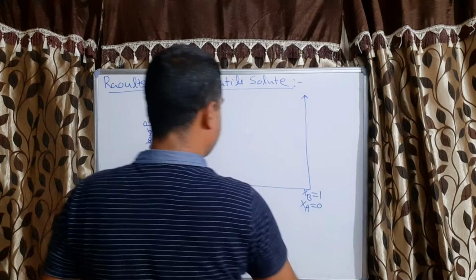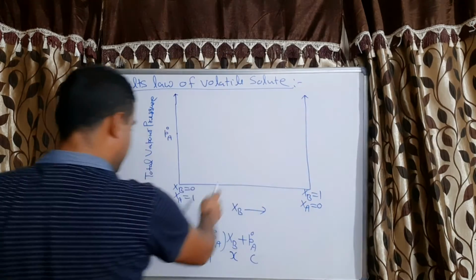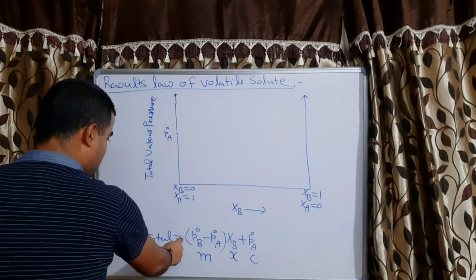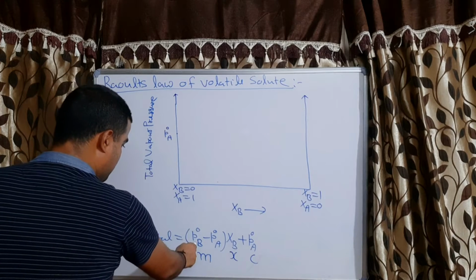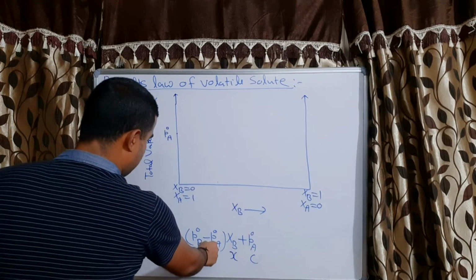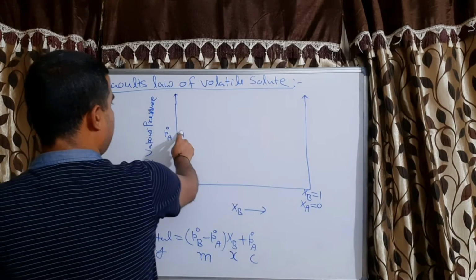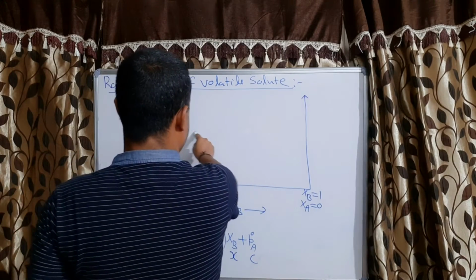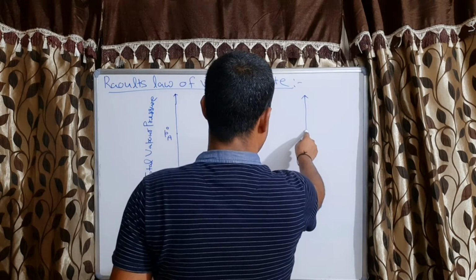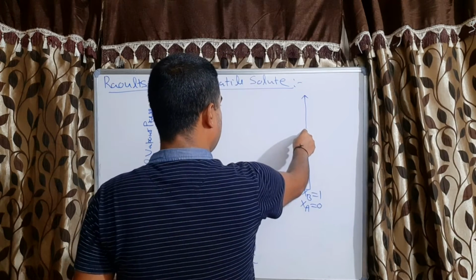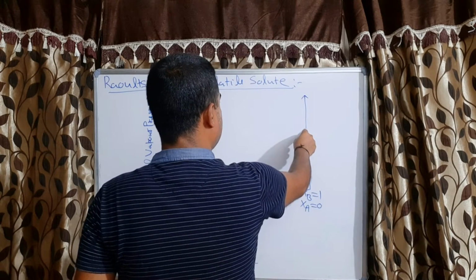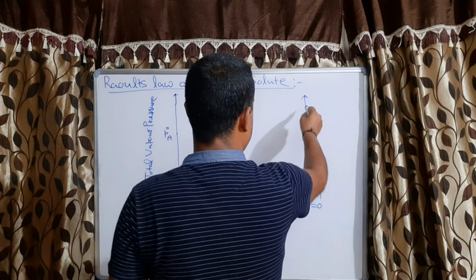As per the slope, since the slope is positive, the value of P naught B should be more than the value of P naught A. P naught A is here, so when we place the straight line, it will come here, correct? And the value of P naught B should be more than this, so it should be here.